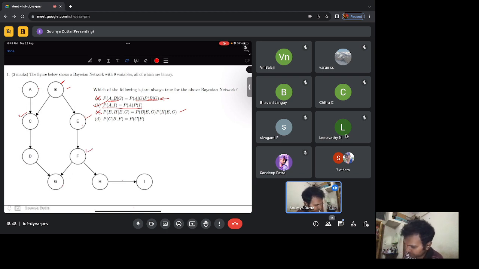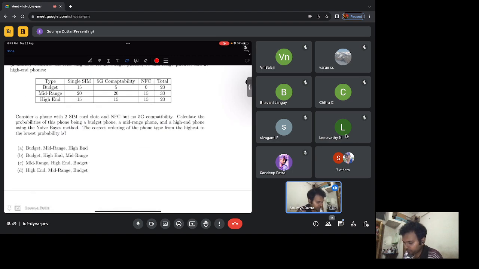So suppose you know B and F. No, this can't be, because C depends on both A and B. Therefore it doesn't matter whether you know B and F. It can't be independent of B because it still depends on A. So it can't only depend on F. Okay, so this can't be true, right?